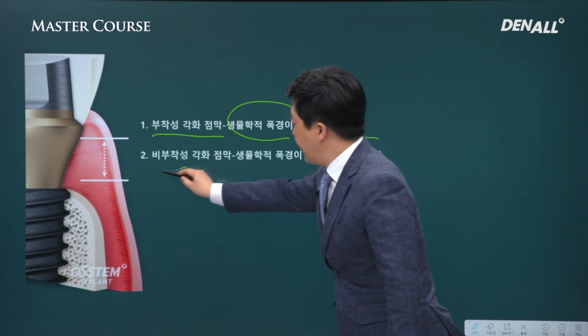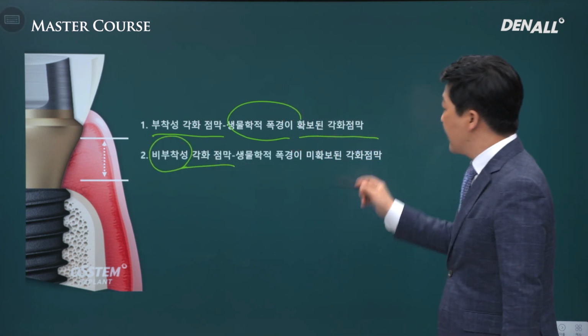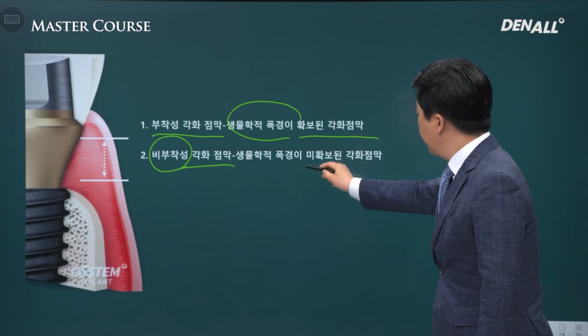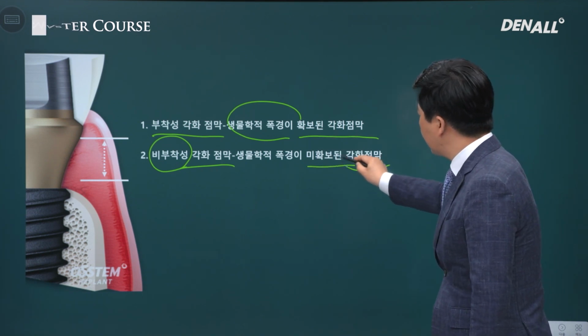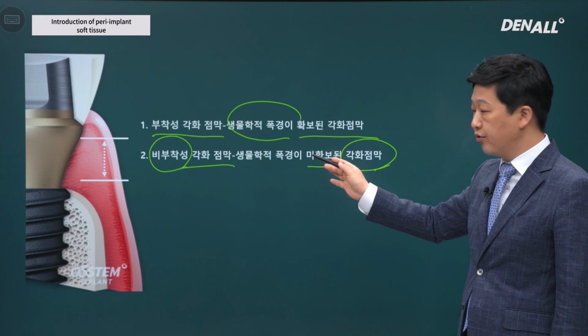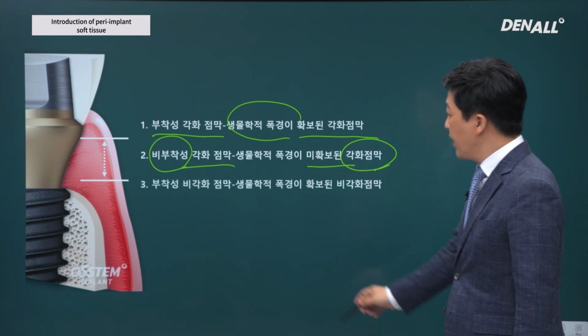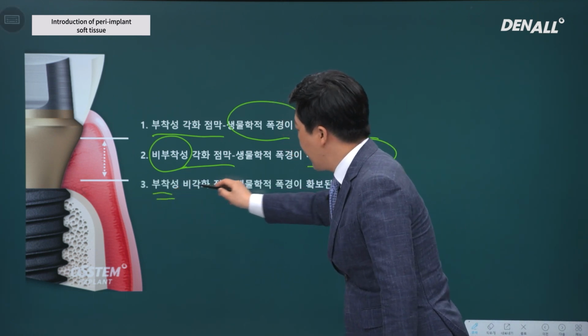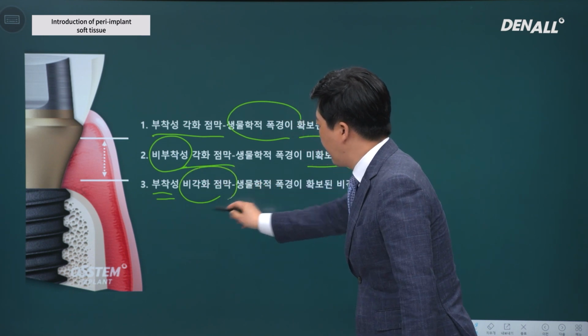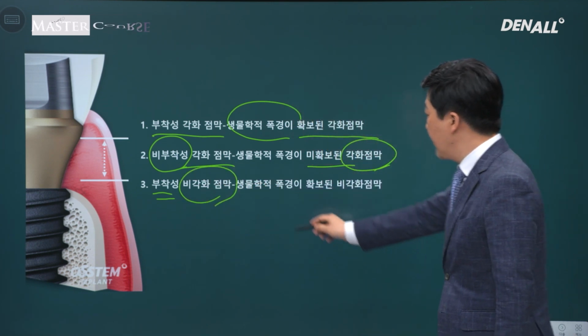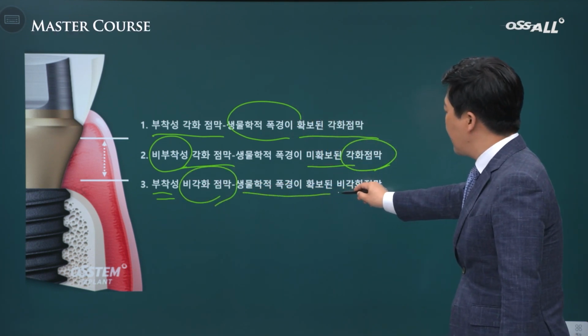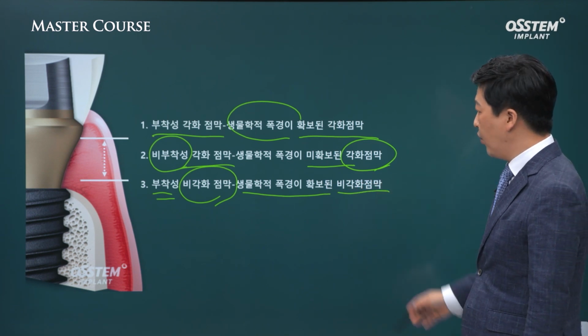Second, non-attached keratinized mucosa. It is keratinized mucosa without biologic width. Third, attached non-keratinized mucosa. Biologic width is secured, but it is non-keratinized mucosa.